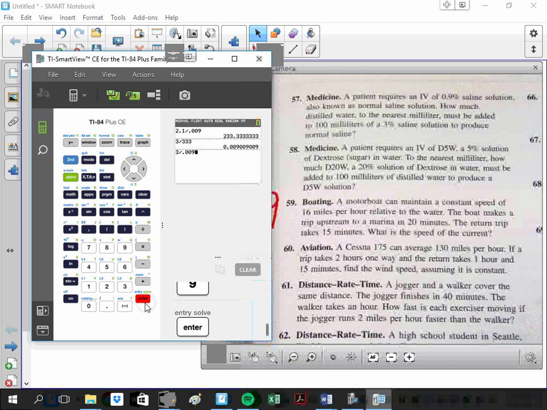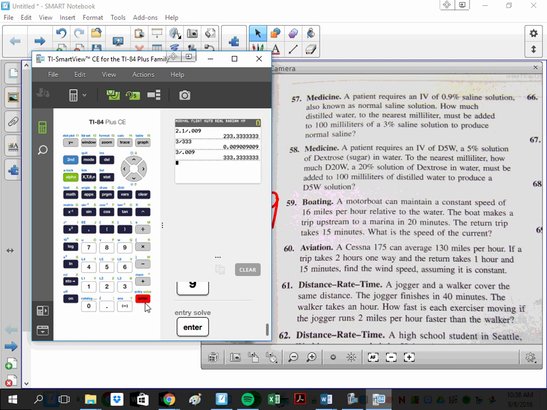I should get 333.333, but we have to think about something. That's how much water is needed for the entire solution. But I already have 100 milliliters sitting in solution. So I subtract off that 100 and you get 233. So there are a couple different ways to do the same problem.